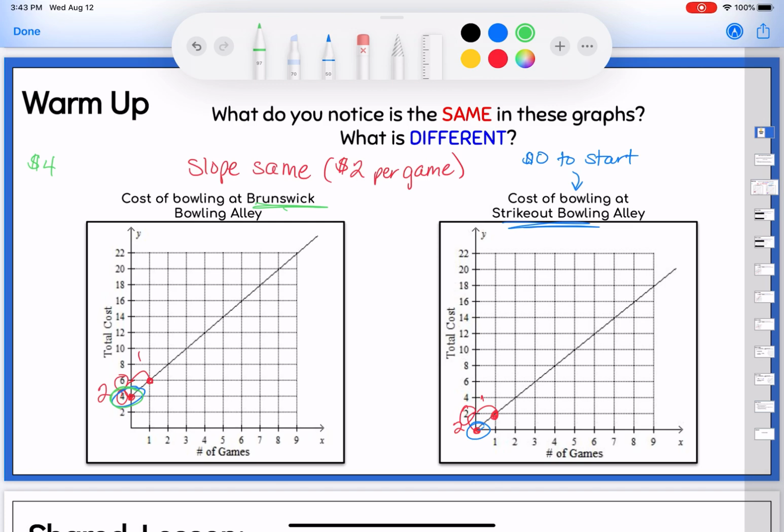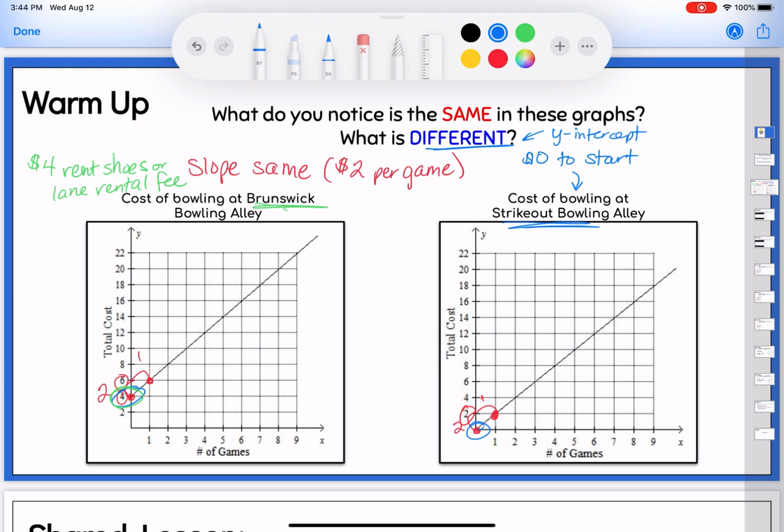I think maybe that might be $4 to rent shoes, maybe, or just a lane rental fee, or something like that. Something about a one-time fee for the Brunswick Bowling Alley that they do not have over at Strikeout Bowling Alley. So what's different about them is the y-intercept.